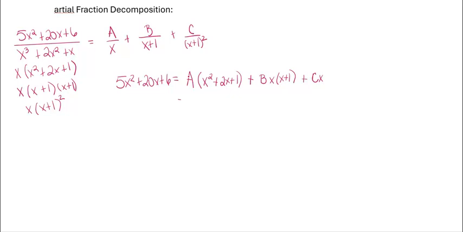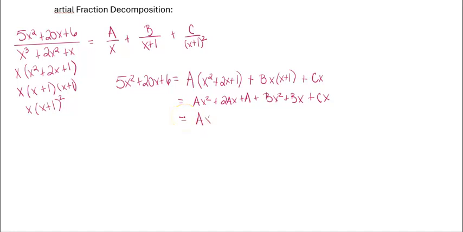So I'm going to go ahead and distribute, and I'm going to get Ax squared plus 2Ax plus A plus Bx squared plus Bx plus Cx. And now I'm going to collect like terms.